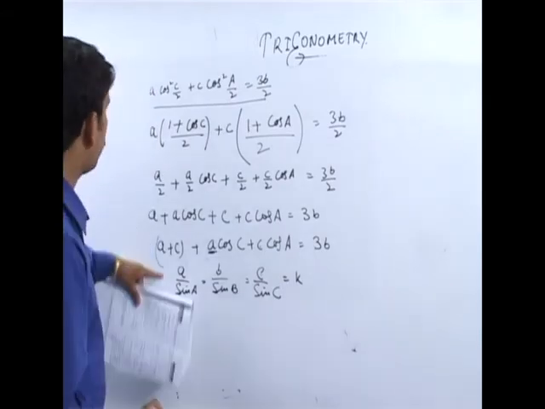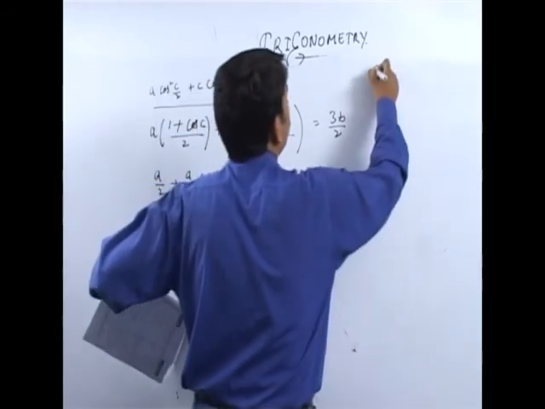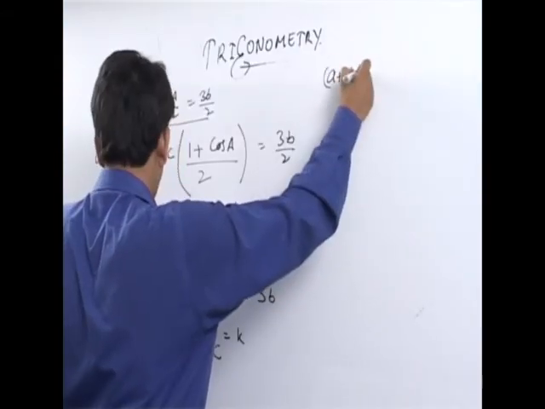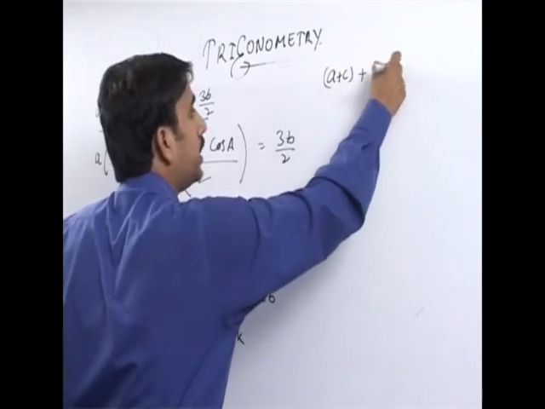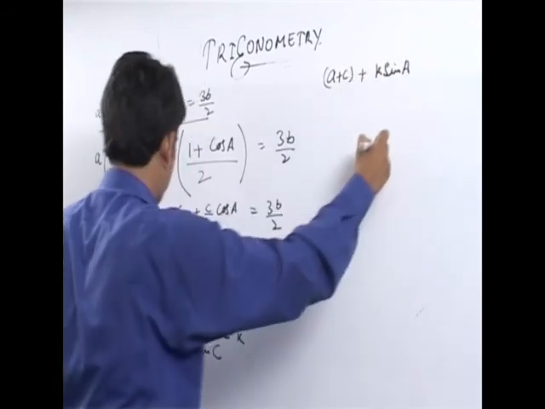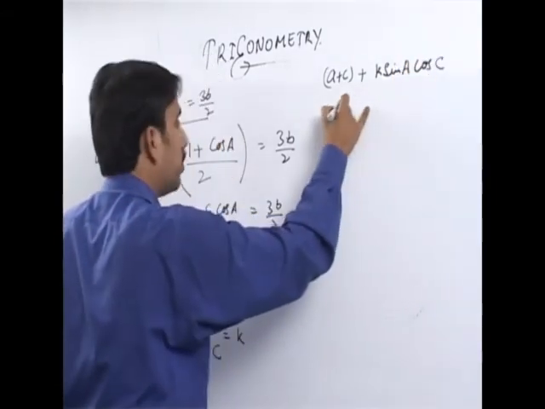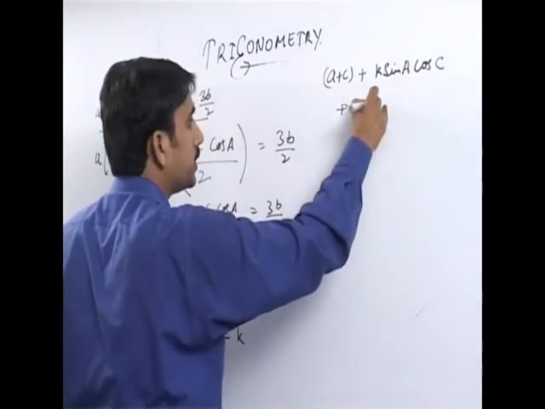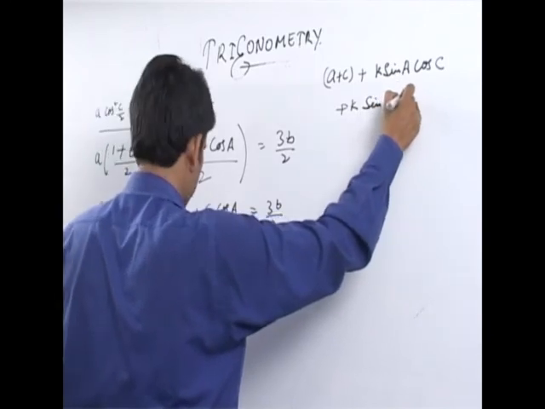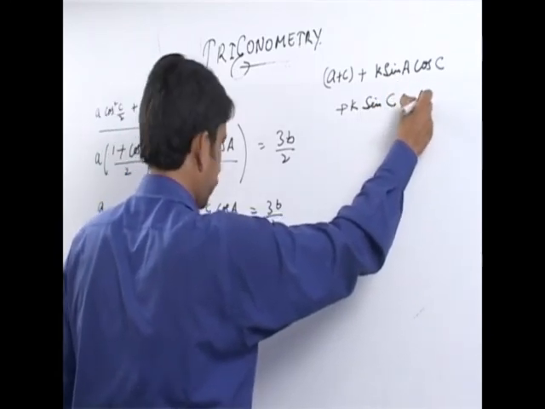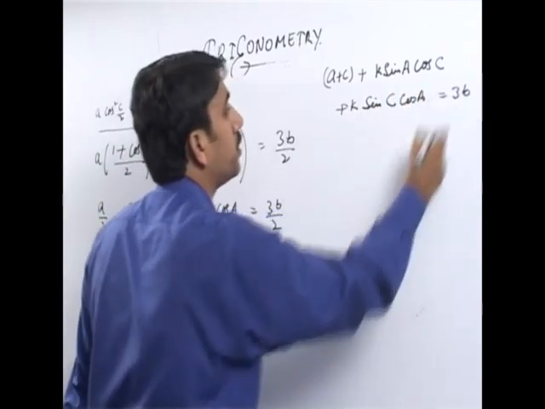Now if you put this value here, you will get a plus c plus k sine A cos C plus k sine C cos A is equal to 3b.